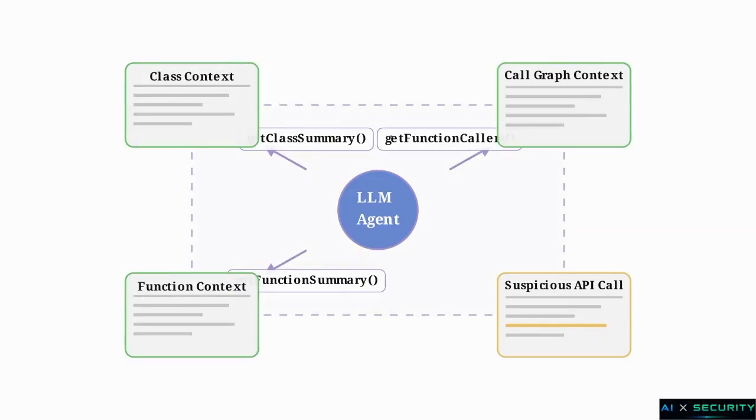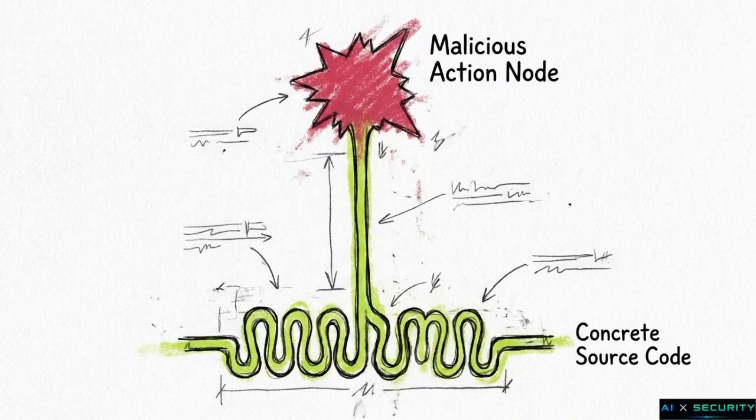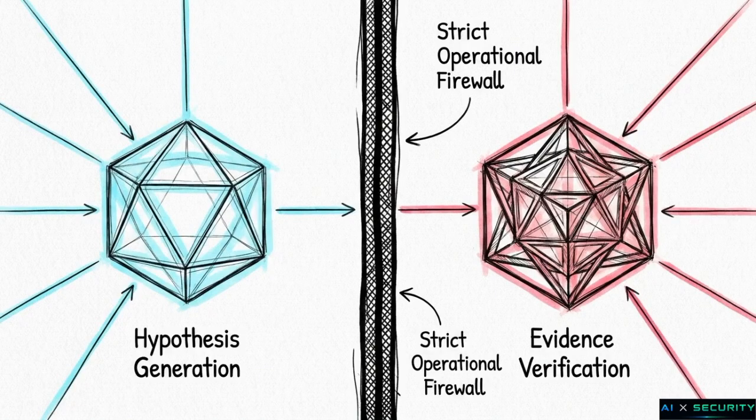When the agent identifies a suspicious API call, it uses these tools to query the surrounding program context step by step. This context-adaptive exploration enables the system to actively recover behaviorally relevant links that remain invisible in a standard static call chain view. Semantics grounding anchors the agent strictly to concrete static facts, preventing it from hallucinating operational bridges that do not exist in the actual program structure.